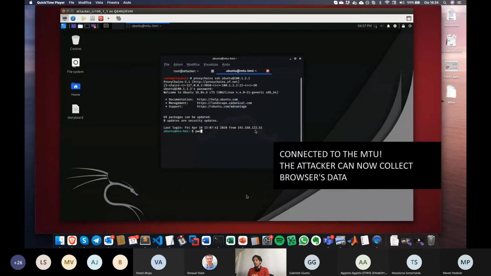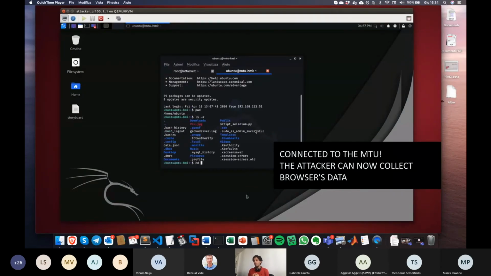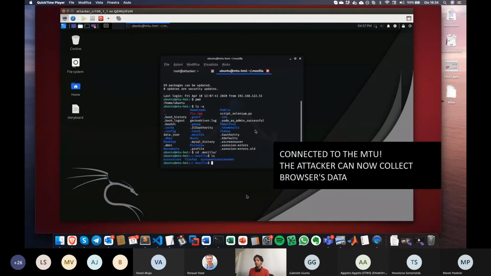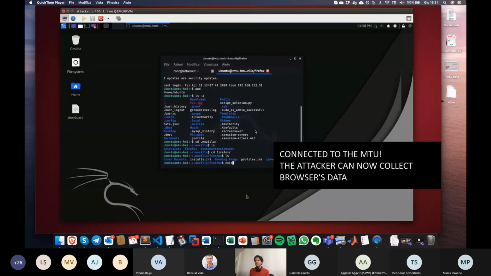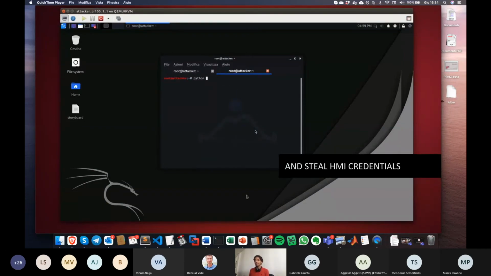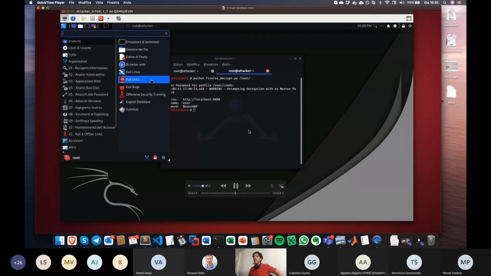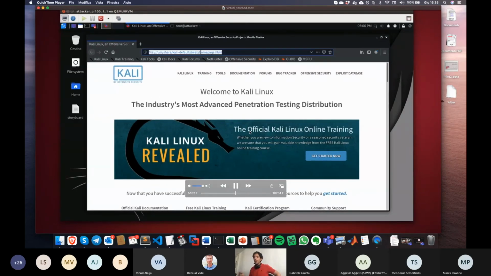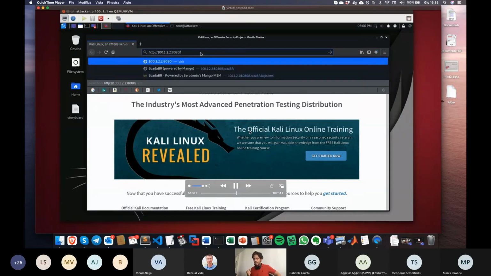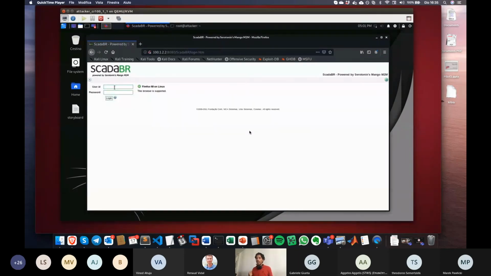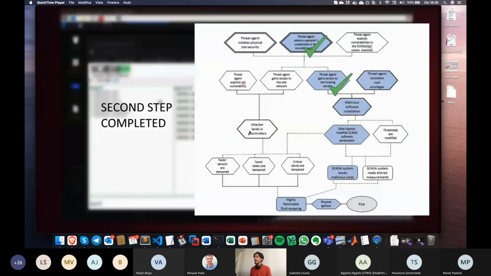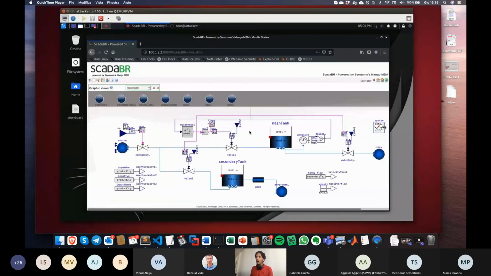He can steal the passwords from the browser's data, for example, since he has exploited the machine where the HMI is running. He steals the credentials, and once he has been able to steal the credentials, he can monitor the status of the infrastructure and gather information on it.